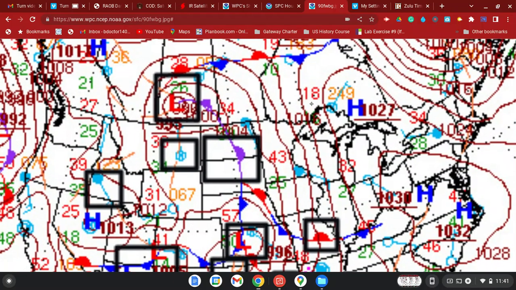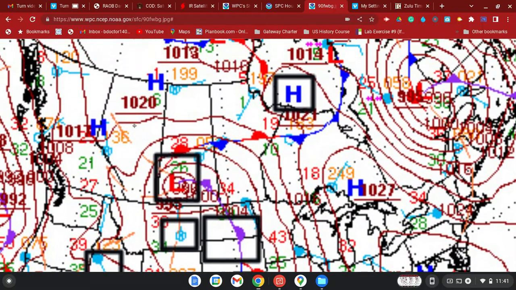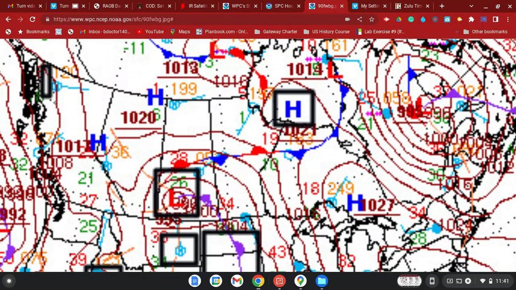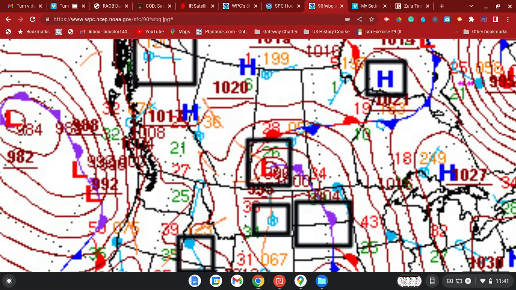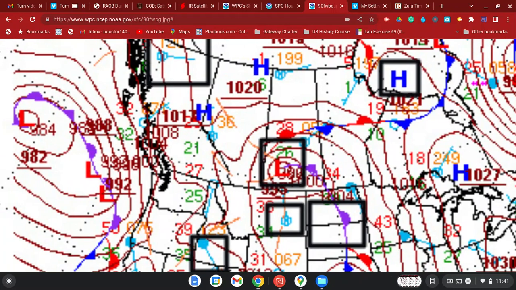Let's see if there's any wind direction that's different. Up here, way up in Canada, we have air that's coming from almost due west. That's because this system is coming into the Pacific Northwest, so that's pushing, and you can see the wind barbs are all kind of going in that general direction.